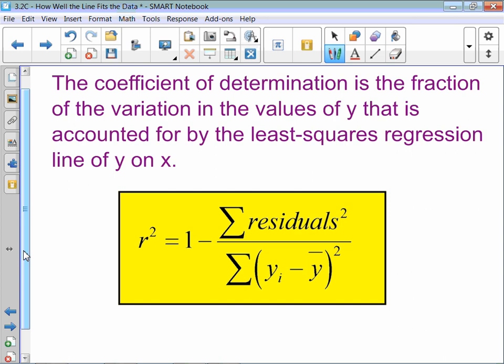So the coefficient of determination is the fraction of the variation in the values of y that's accounted for by the least squares regression line of y on x. So how much better does the regression line do at making a prediction when we just compare to that line in the middle, the mean?